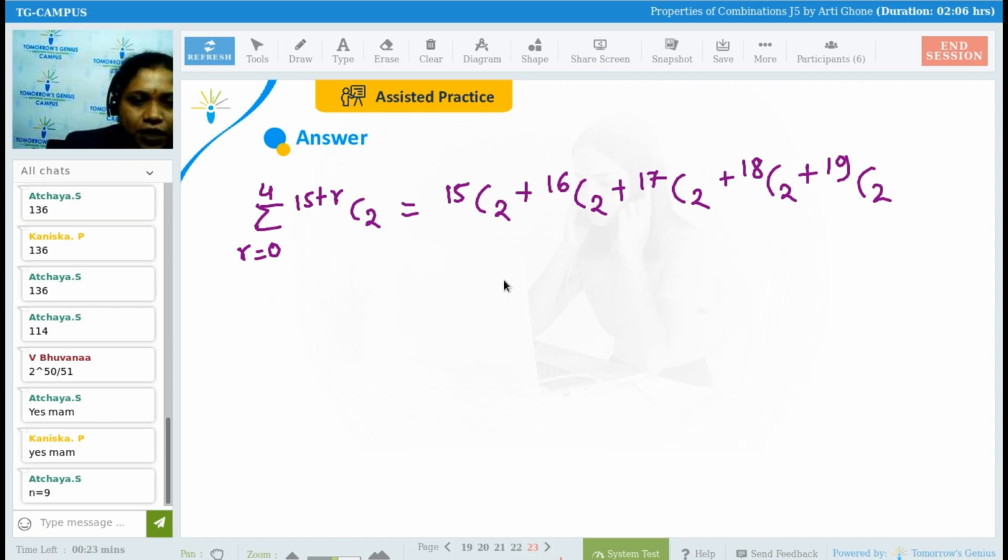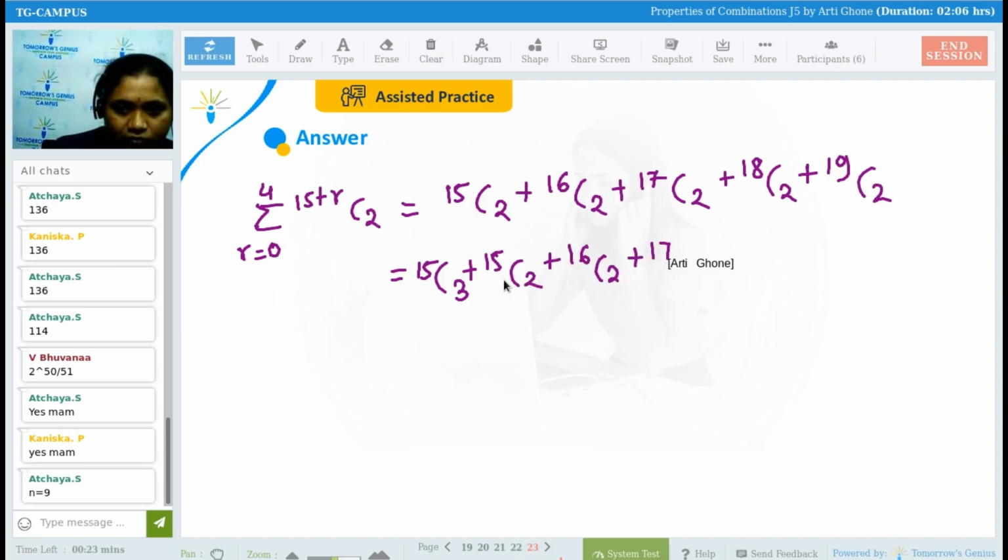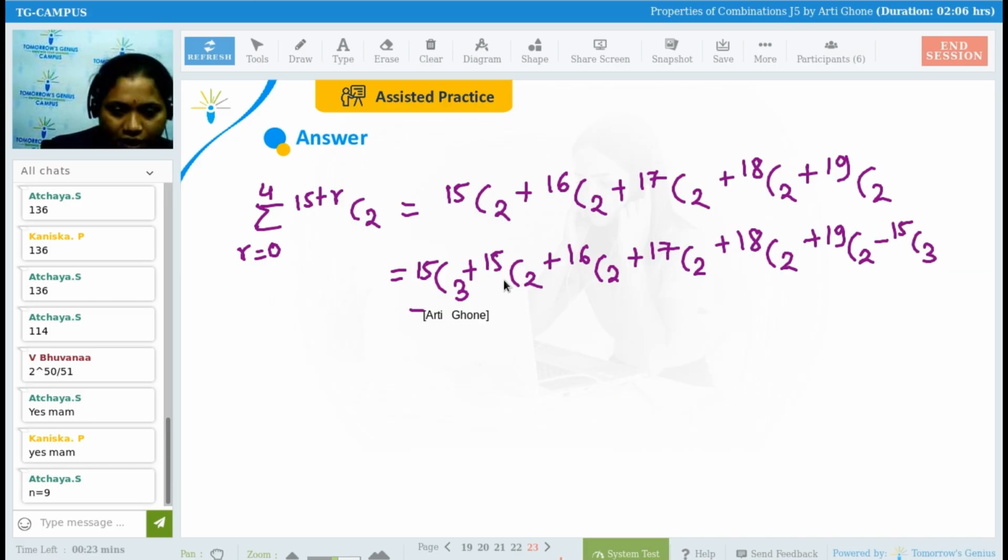To use this property, do one more thing: 15C3 is adjusted. I am adjusting for 15C2, so I am also subtracting it. See, here 15C3 is added and subtracted. Now you will get the property. What will be the answer of these two?